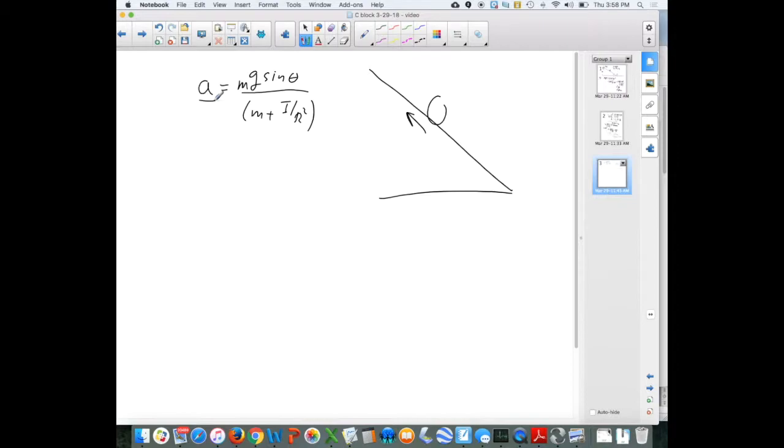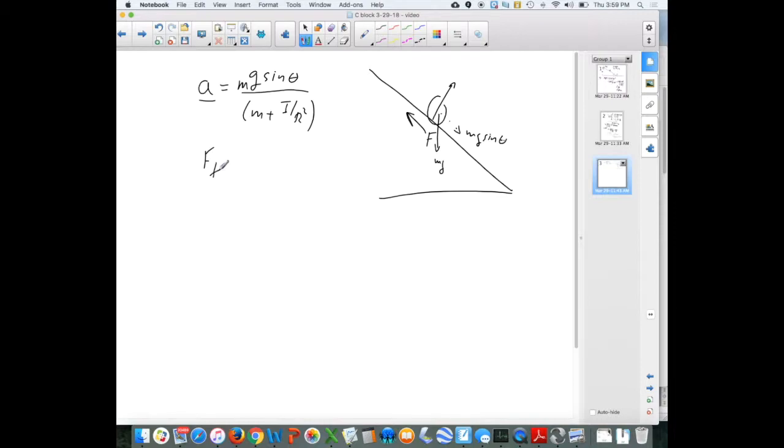Going back and remembering, we had a force of friction up the incline, a normal force, and gravity pointed down, and we drew in an mg sine theta force going down the incline. What we'd like to do is look at what that minimum friction is in order for it to roll as opposed to slipping.